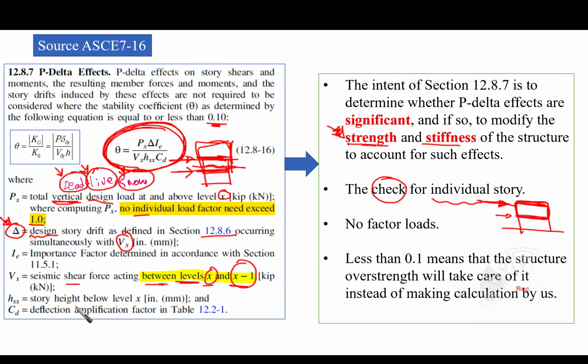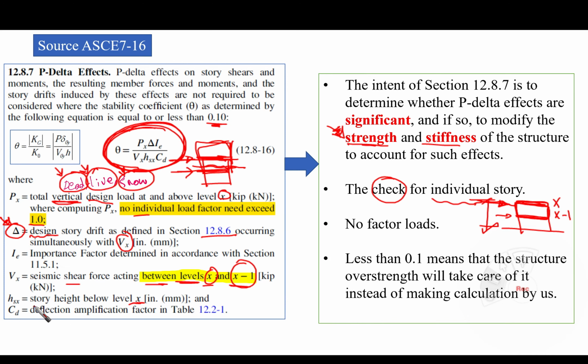hsx, story height below level x. If this is x, this is x minus 1. So the story height, we're talking about the story height below the level x. And Cd is going to be the deflection amplification factor.